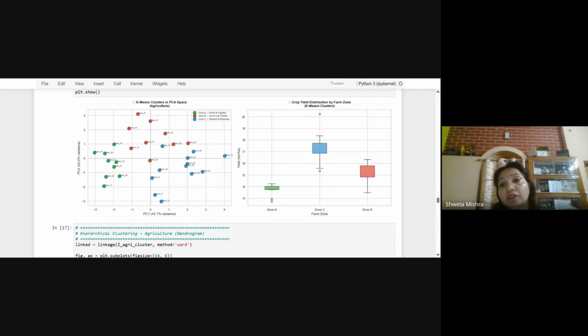For that we can use some different algorithms. Based on zone A, zone C, and zone B, what is the yield? Zone A is around 14, zone C is around 17 to 18, and zone B is around 15. So the highest is zone C.